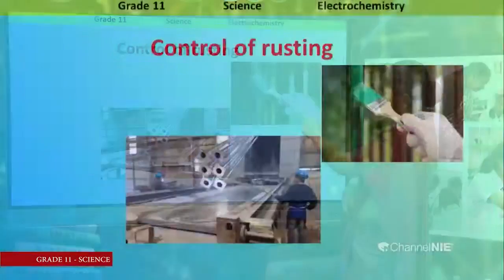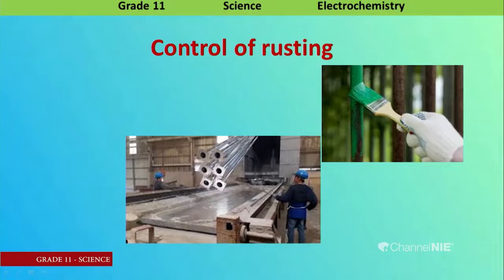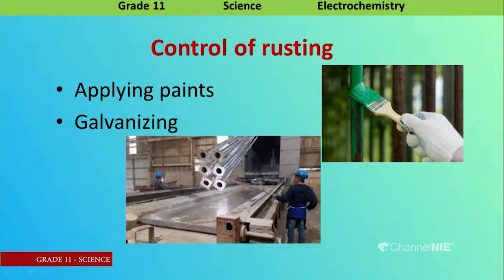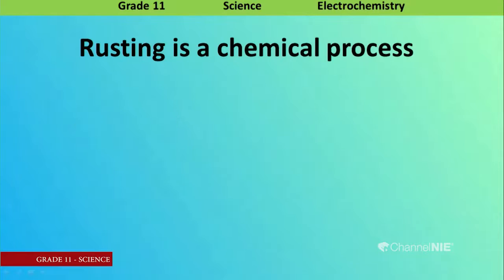This is painting to control rusting. This is galvanizing, right? Galvanizing is, children, dipping iron-made instruments in a molten zinc solution, zinc liquid, melted zinc, right? This is called galvanizing.